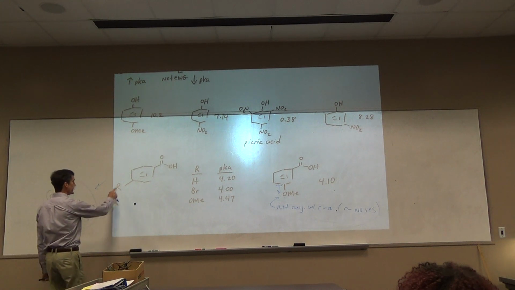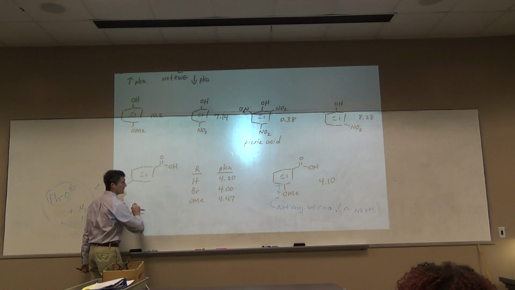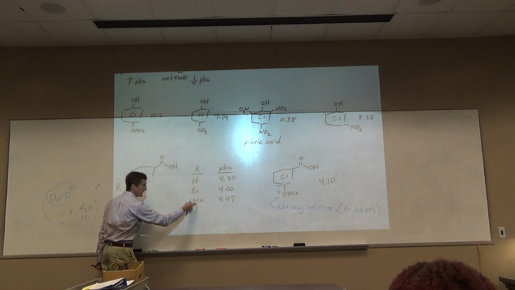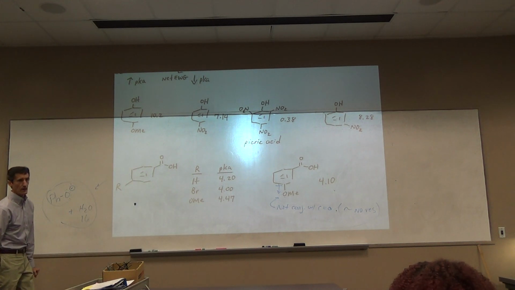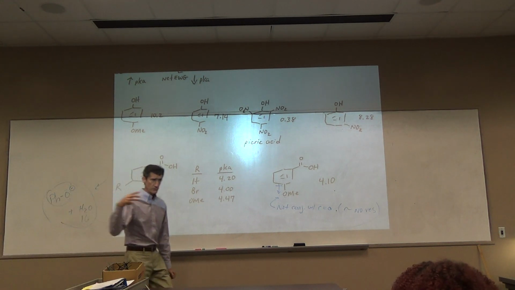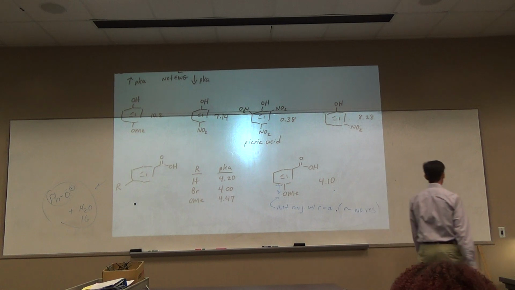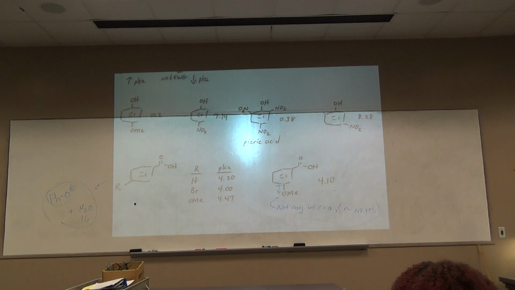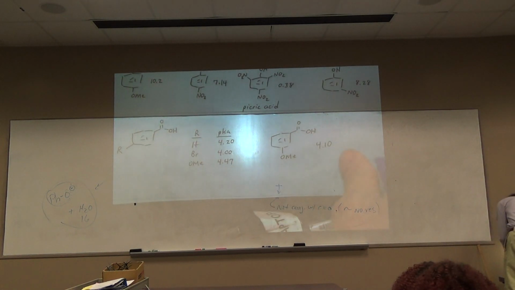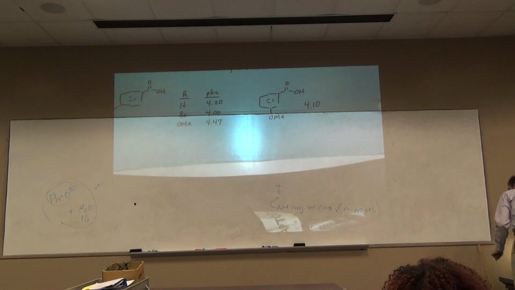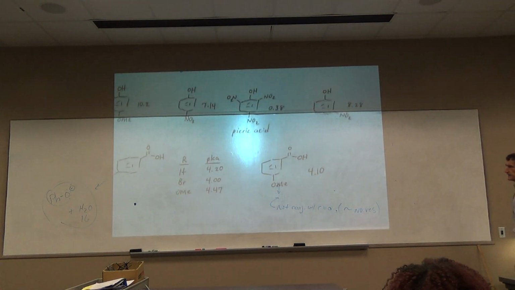Over here, the methoxy is conjugated with the carbonyl, and the net effect is resonance. Resonance is a donation effect, and donation is going to make the acid less acidic. This can be used to determine electronic effects of groups.